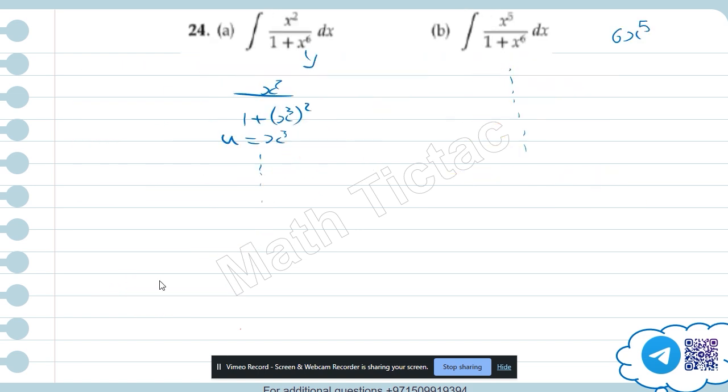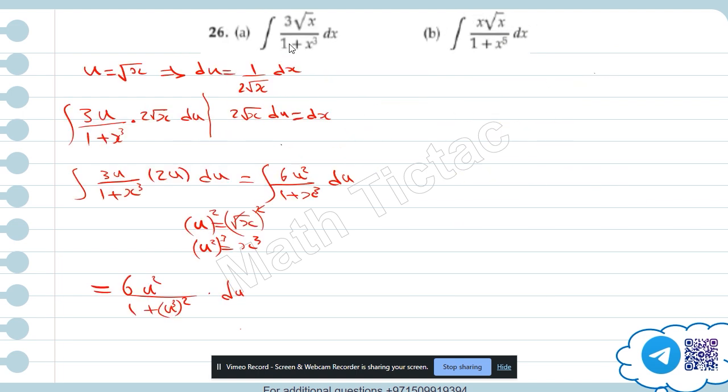It seems like the question that we have solved before, which is x squared over 1 plus x to the power 6 squared. The same exact question, u squared divided by 1 plus u cubed to the power 2. So now we can start solving the question again by substitution.